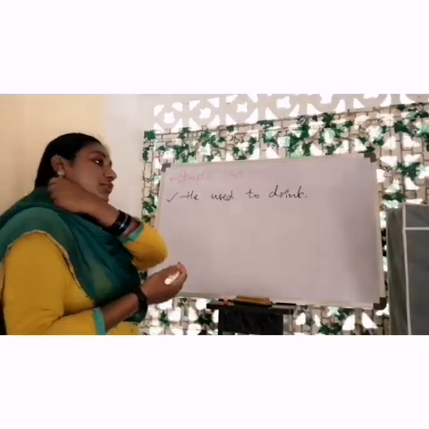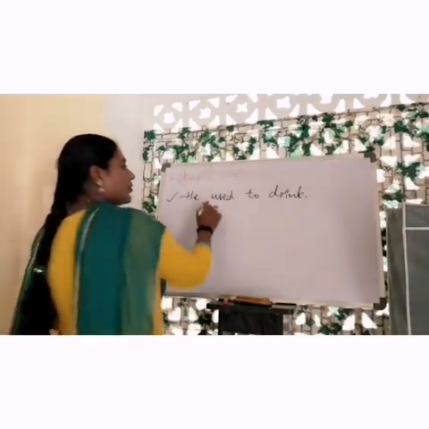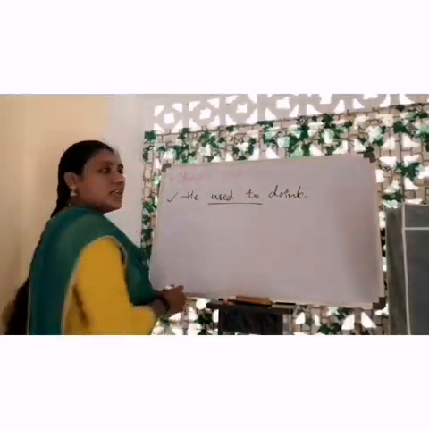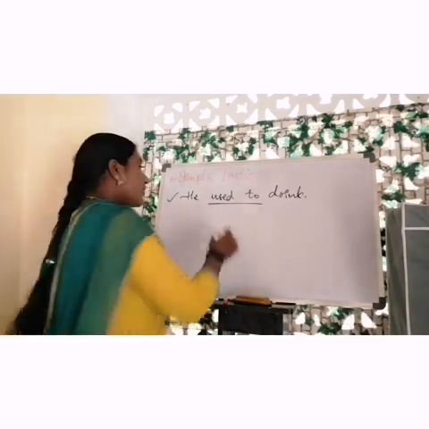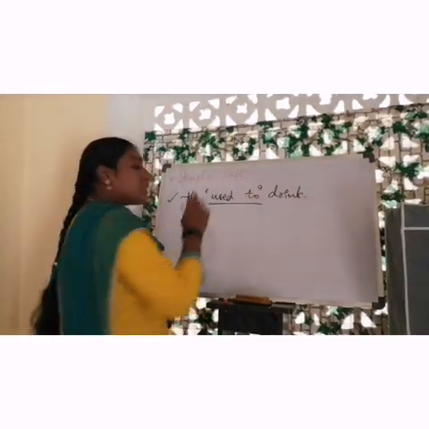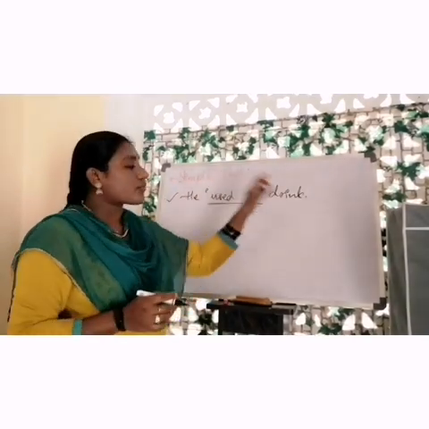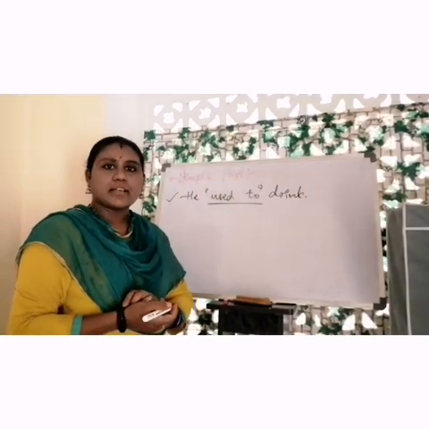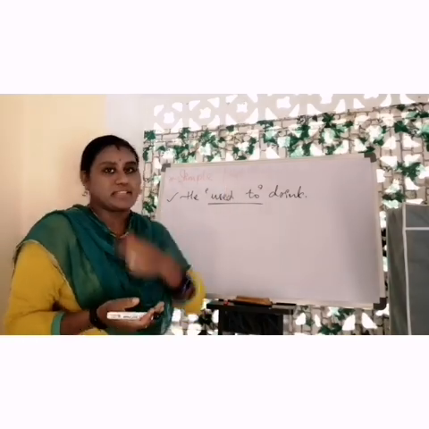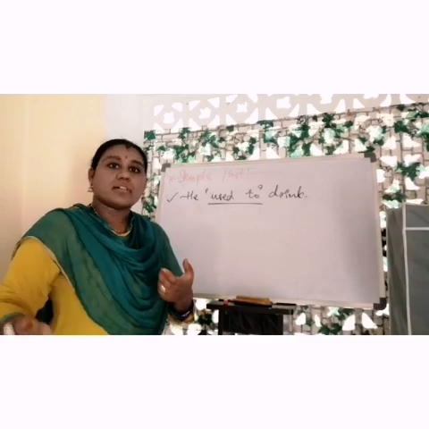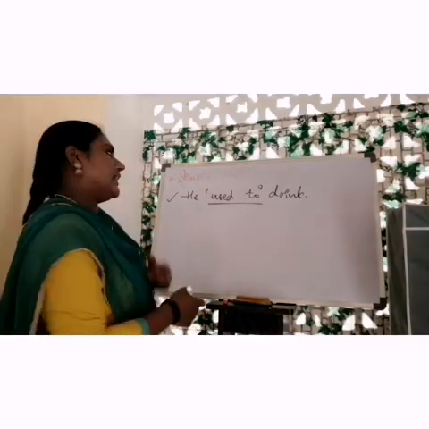So here I have already mentioned that without an object complement, we use the term "used to" to refer to a past habitual action. So here "used to" refers to the fact that he had a habit. So he used to drink means he had a habit of drinking in olden days, or till last year. Okay, so he used to drink.